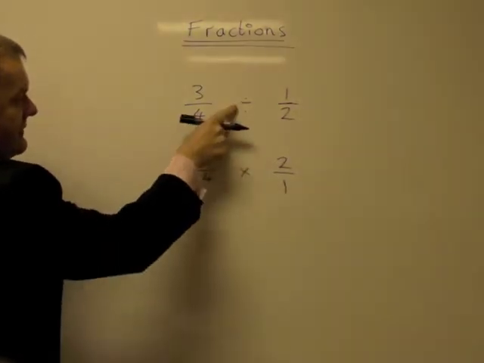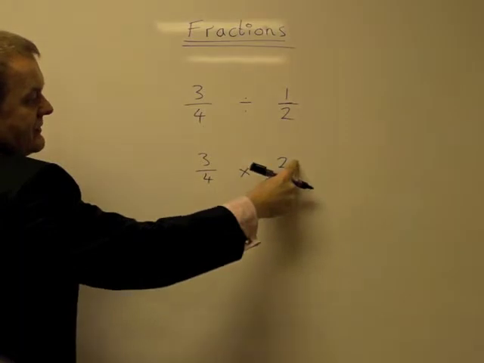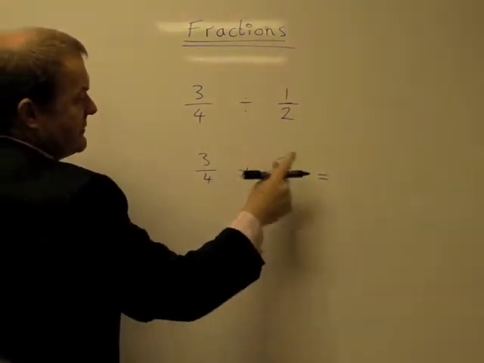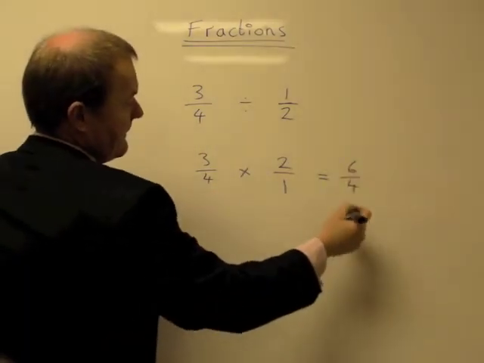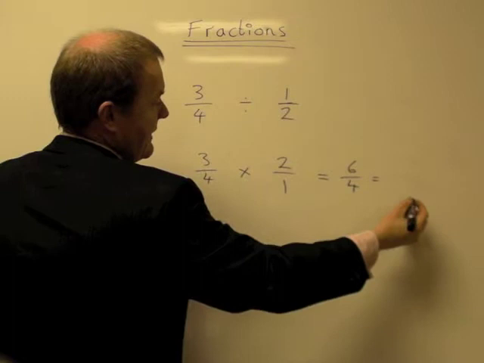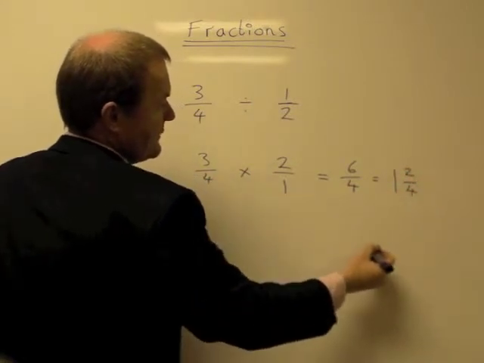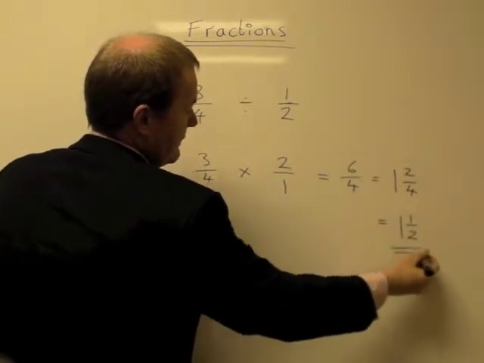So I've changed the divide for a times, and I've turned that fraction round, so it's 2 over 1. 3 times 2 is 6. 4 times 1 is 4. 6 over 4 is the same as a whole 1 and 2/4, which is the same as 1 and a half.